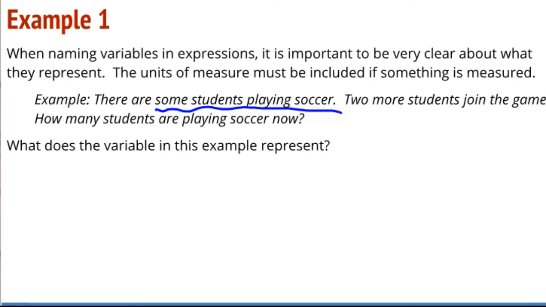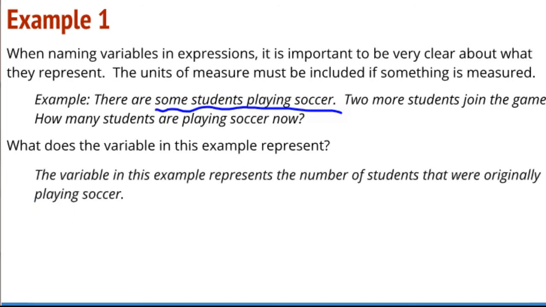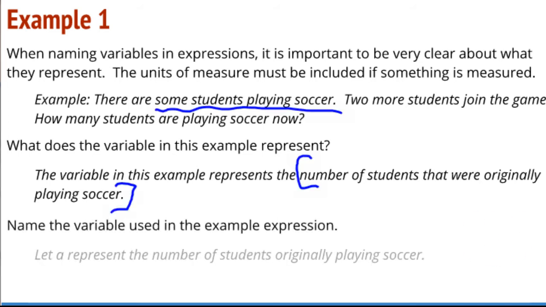If we were to write this out as a sentence, we'd say the variable in this example represents the number of students that were originally playing soccer. And I would actually name it as, let A represent the number of students originally playing soccer. So I'm stating here that I have a variable A, and then I am going to state what the A represents.